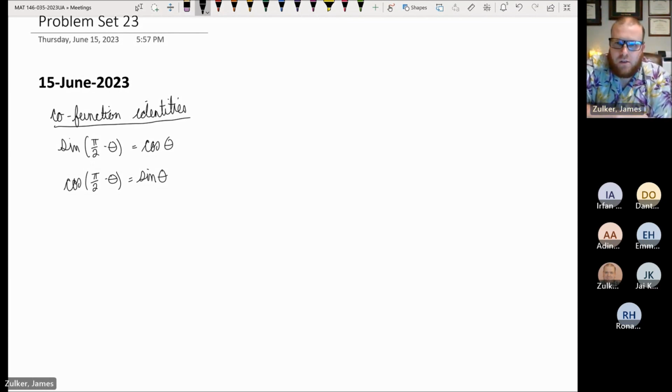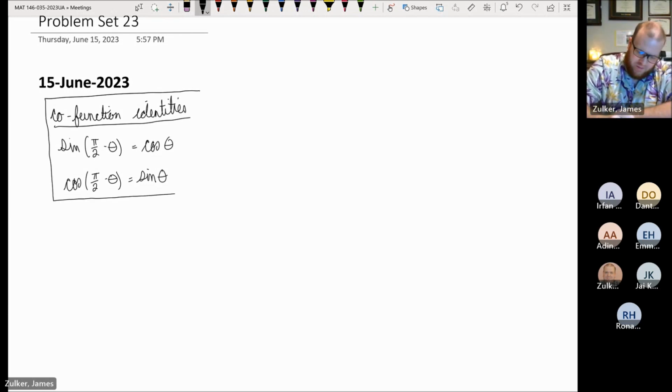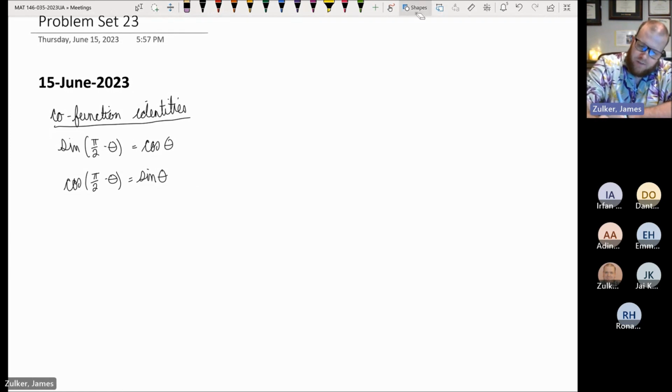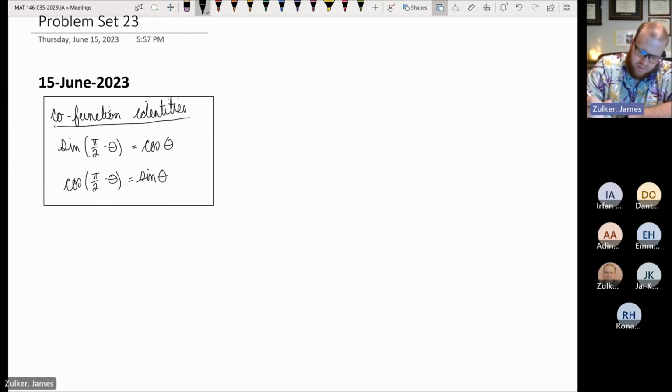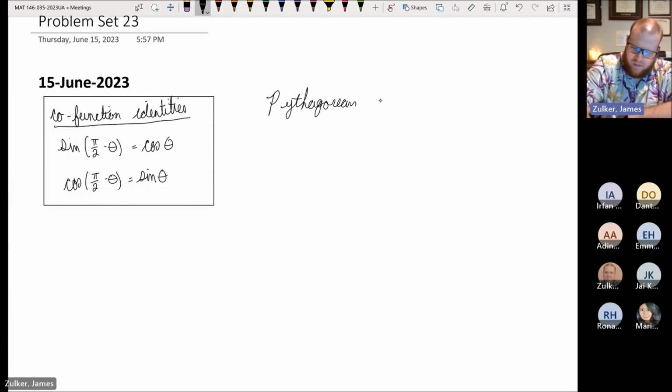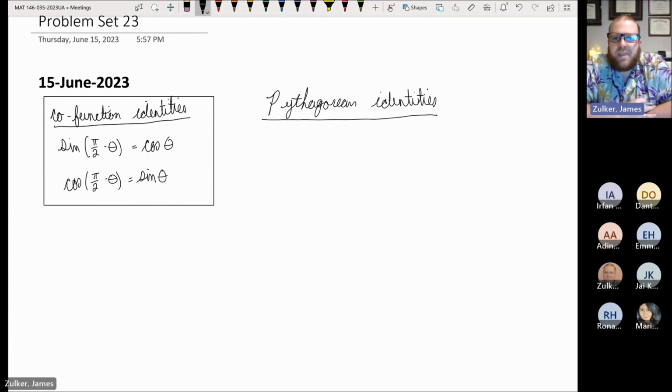We also have similar identities for tangent, cotangent, and secant, cosecant. We also have the Pythagorean identities.